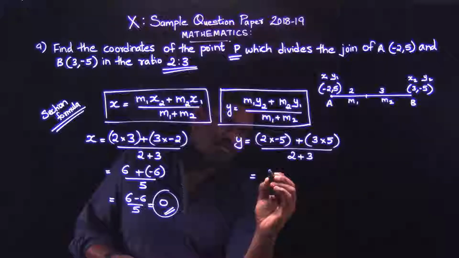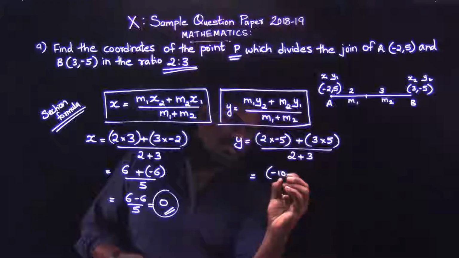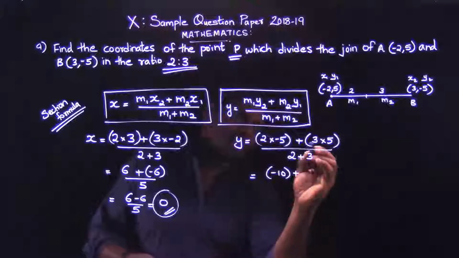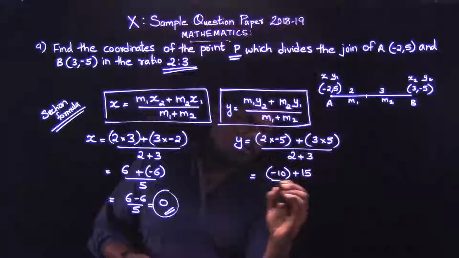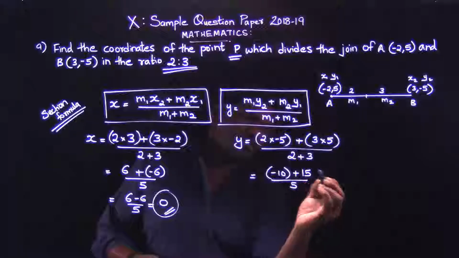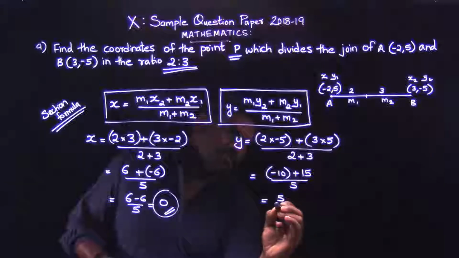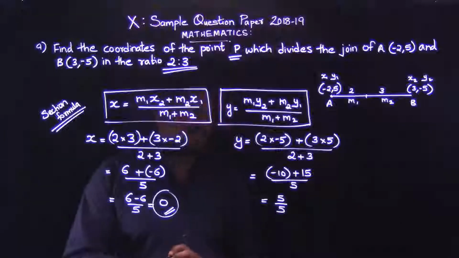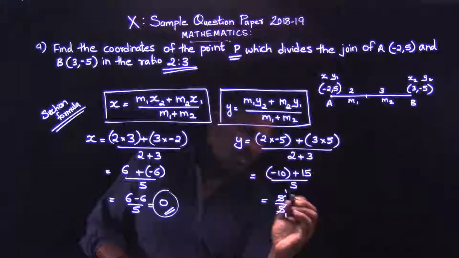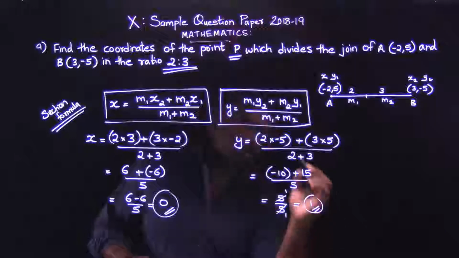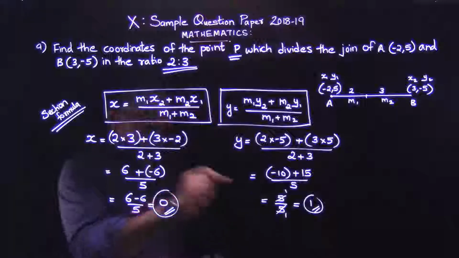This gives me minus 10 plus 15 by 5. Minus 10 plus 15 gives me 5 by 5. Is that clear? So that is 1. I got the value of x, I got the value of y.